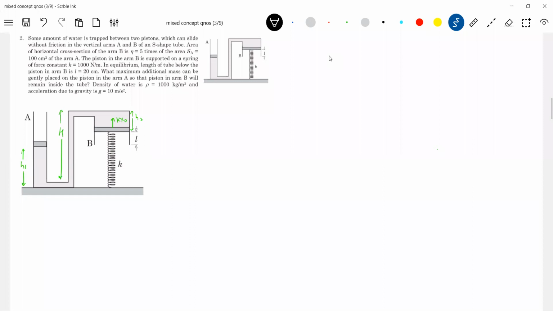What maximum additional mass can be gently placed on the piston so that the arm will remain inside the tube? So shall I proceed here? We'll neglect atmosphere. P naught I'll write here, to minimize calculations.